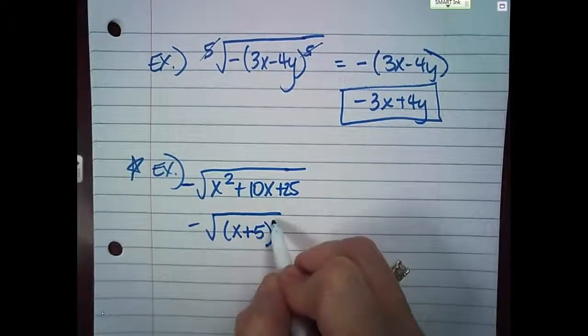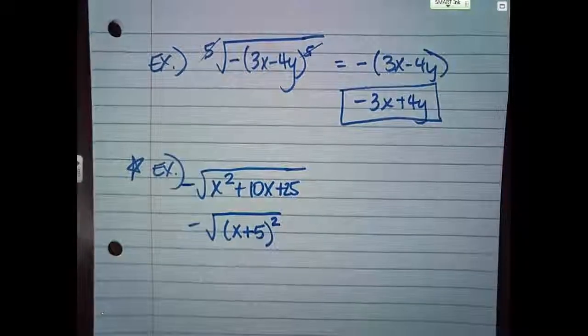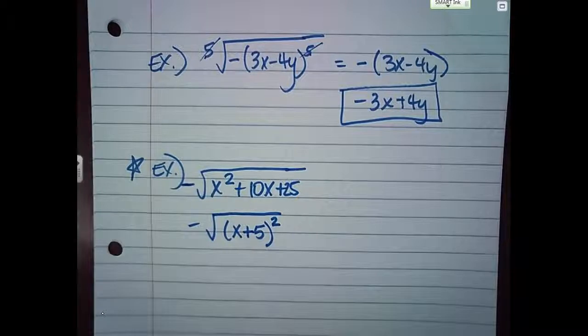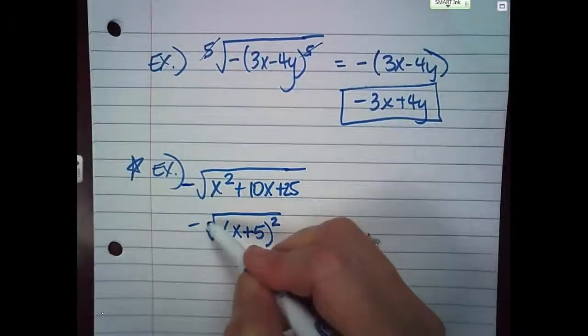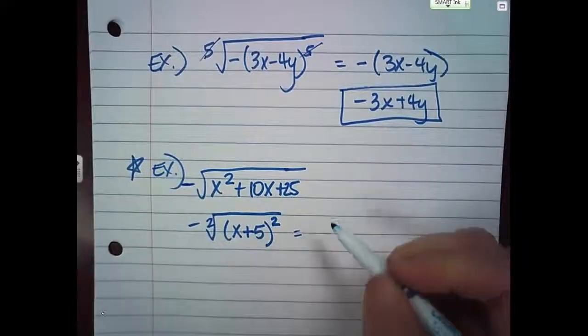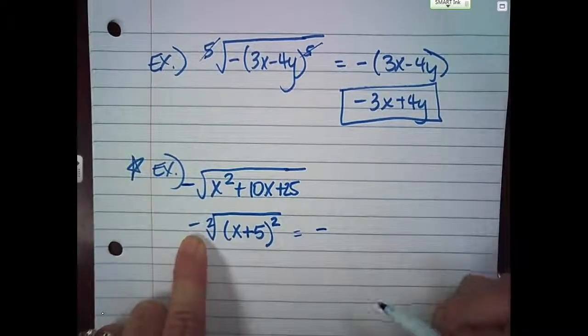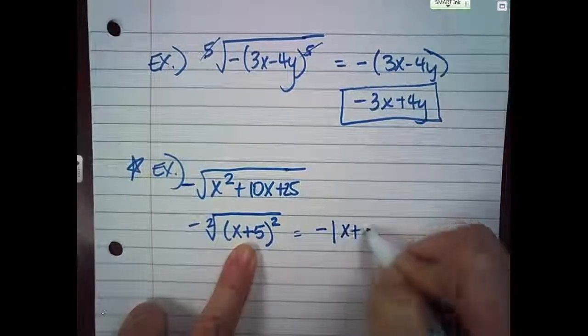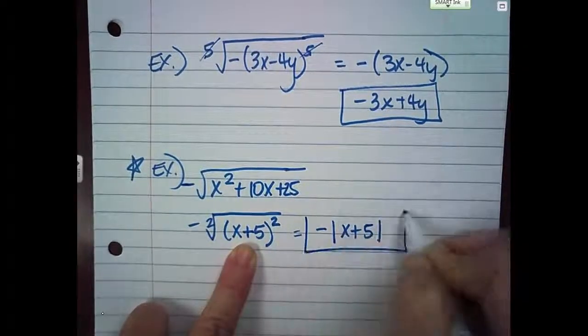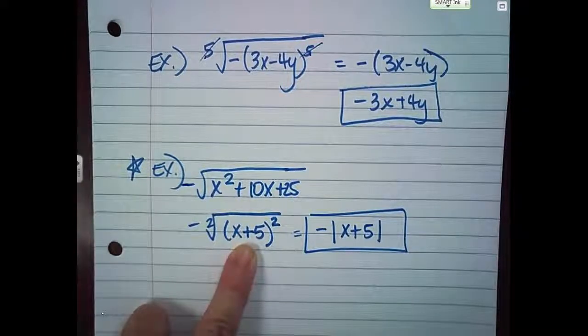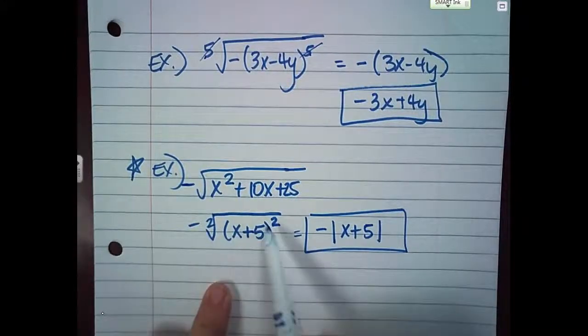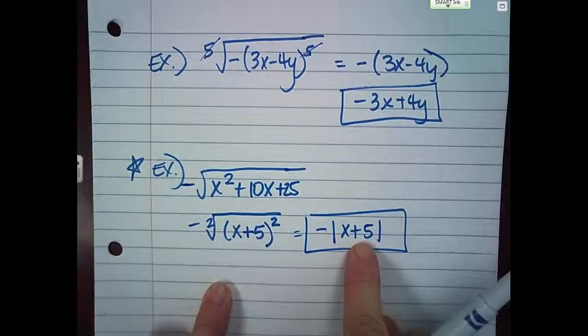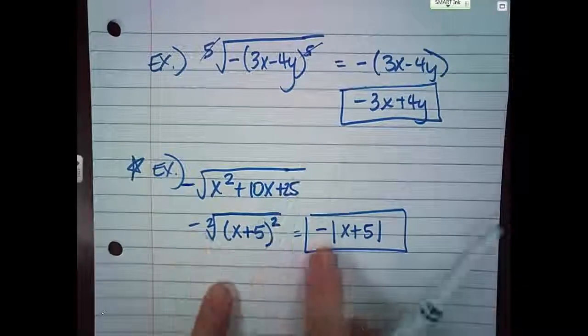Which is x plus 5 squared. But again, you have to be careful because this is a 2 and there's an imaginary 2 here. So the answer is a negative on the outside. But what is this answer going to be? Positive. So that's how you write this one. Kind of weird. We know that what's the answer to what's in here has to be positive, so there's my positive. And then apply the negative in front.